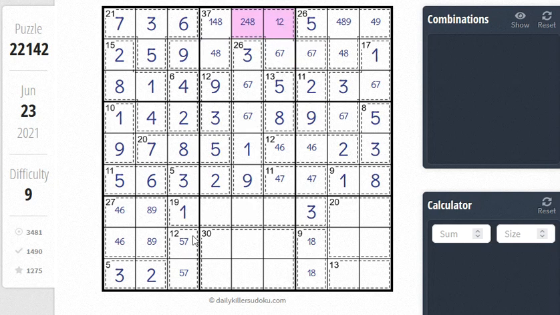So then we have a 3. So the 3 is going to be here. Our 9 is going to be in one of these 2 squares.